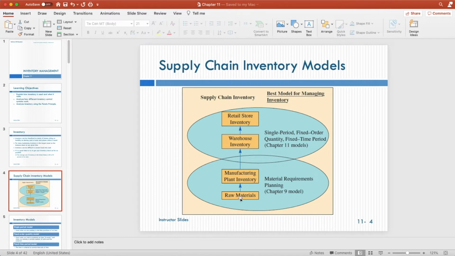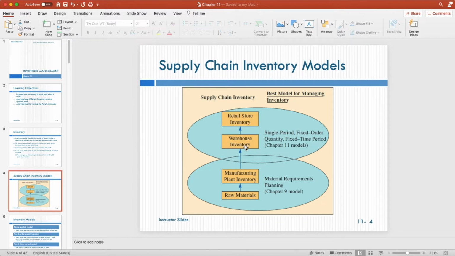So the key sense here is that this is exactly following how a finished product is made and how it transits to the retail store. This is basically following the whole supply chain procedure. Within this chapter, we will mostly focus on these two inventory, the retail store inventory and the warehouse inventory.